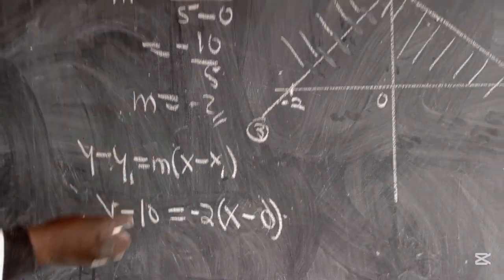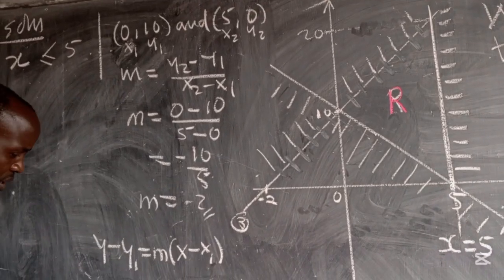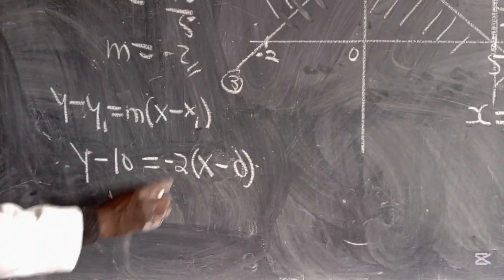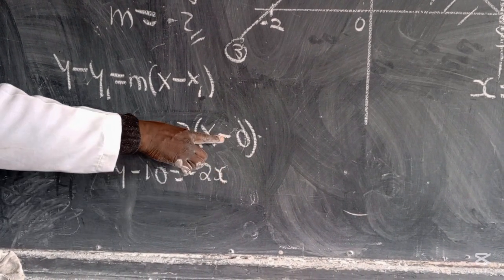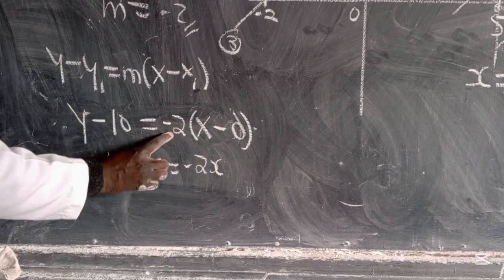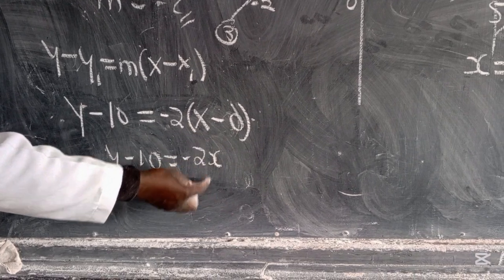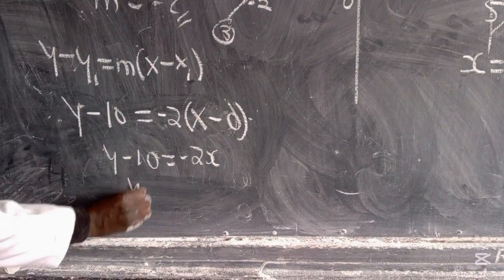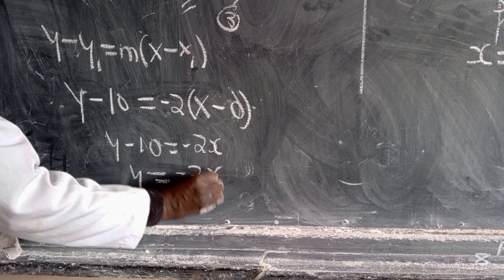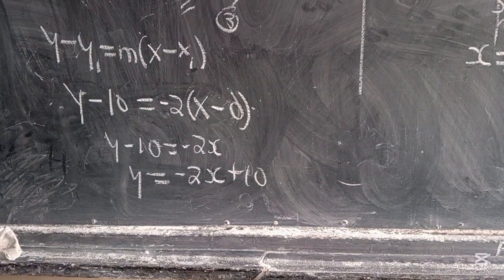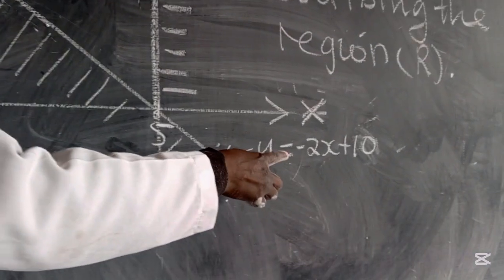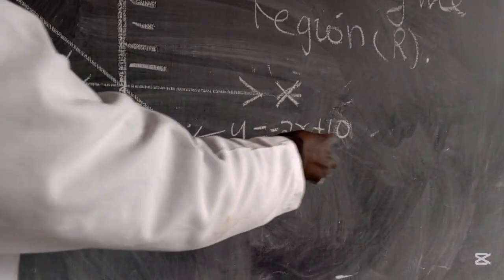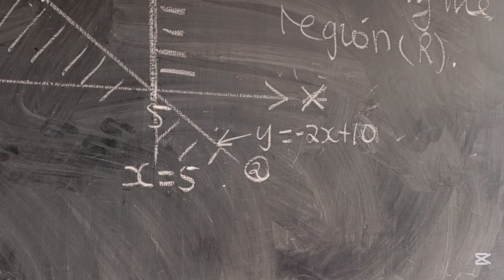When you multiply negative 2 and the 0, it will be 0, so I won't write the 0. So y is equal to negative 2x plus 10. So the equation of this line is y is equal to negative 2x plus 10. We haven't answered the question.